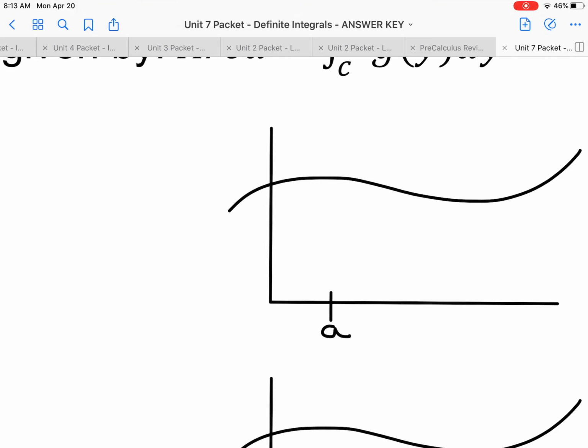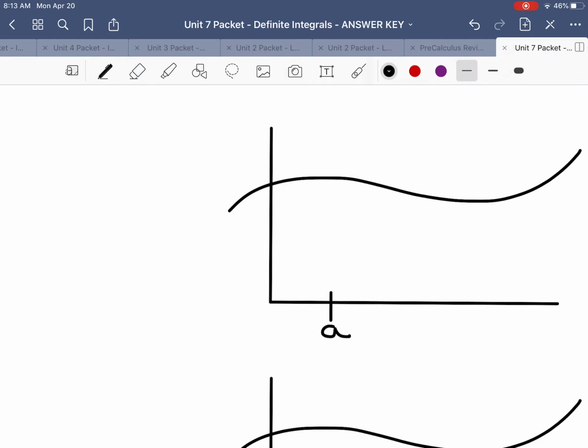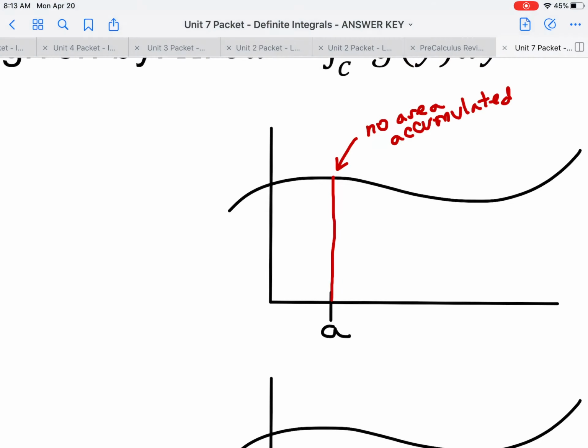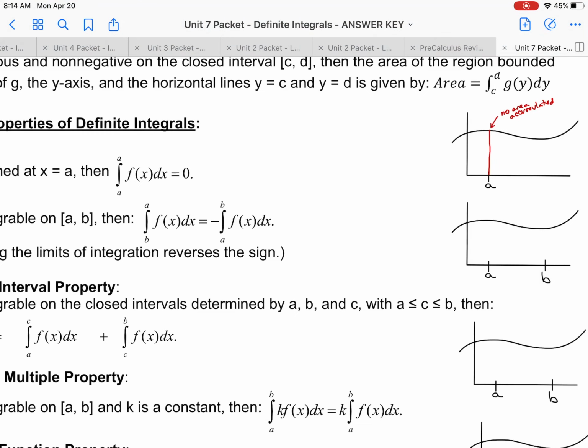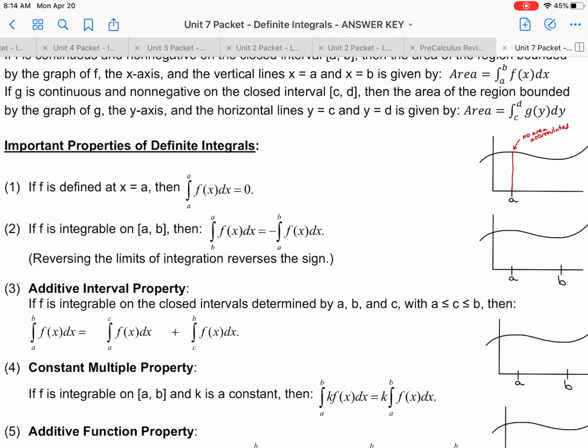And all that's saying is that if I'm going from A to A, I will accumulate no area. All right, so no area accumulated.